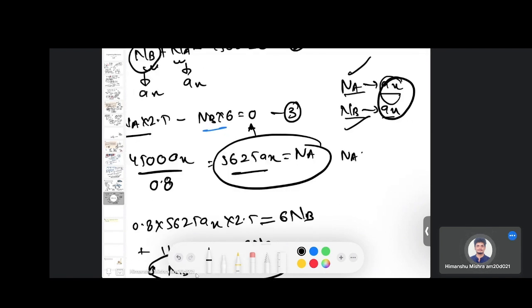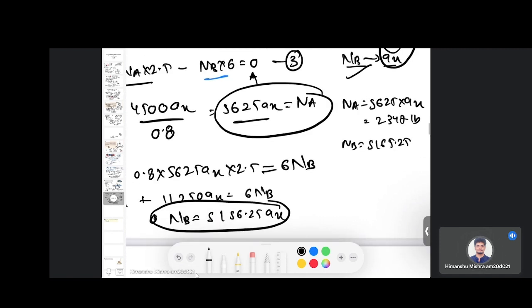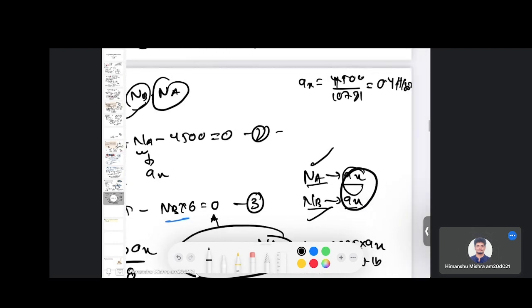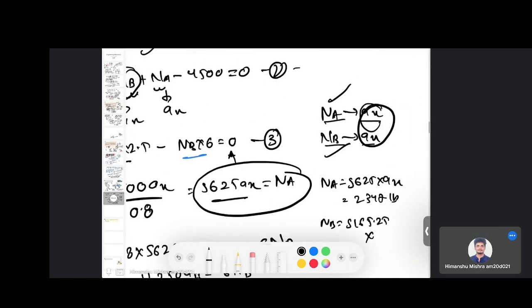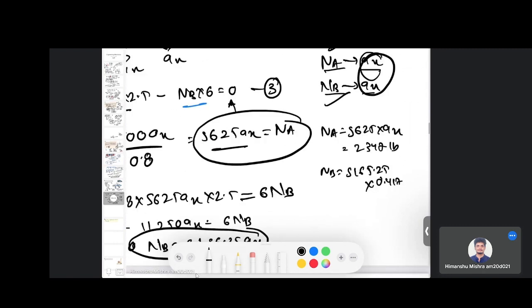So my NA will be 5625 multiplied by AX, which is 2347, and NB is 5165.25 multiplied by AX, which is 0.417, sorry. So this is my NB and this is my NA.